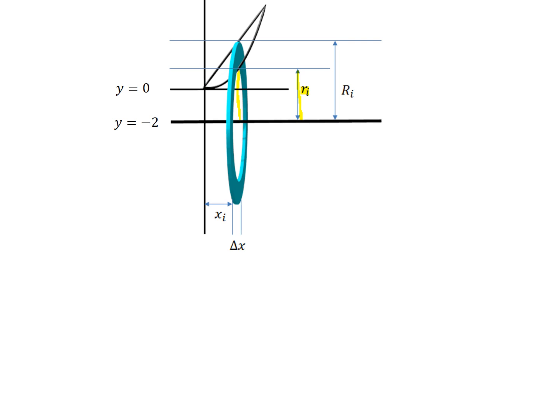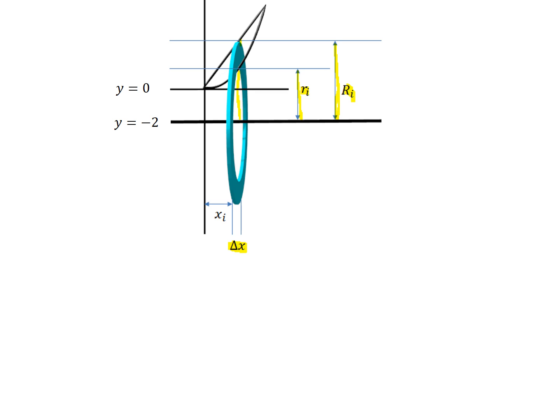For the outer radius, we start where the washer touches the line segment and go down to the line y equals -2. We also have a certain thickness, a little change in x, which indicates that x will be our variable of integration.